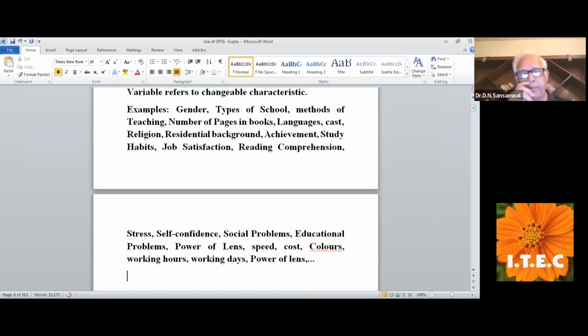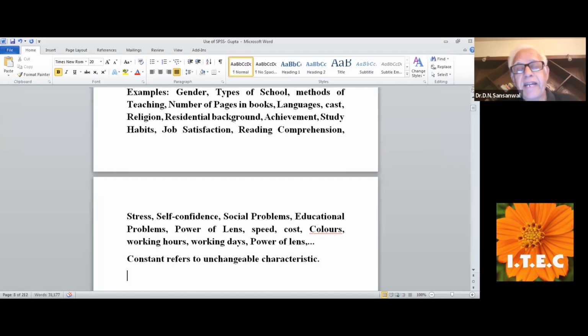Okay. So these are the examples of variable. Then another is constant. Constant refers to unchangeable characteristics. The characteristics which cannot change will be called constant. Example: number of days in a week.